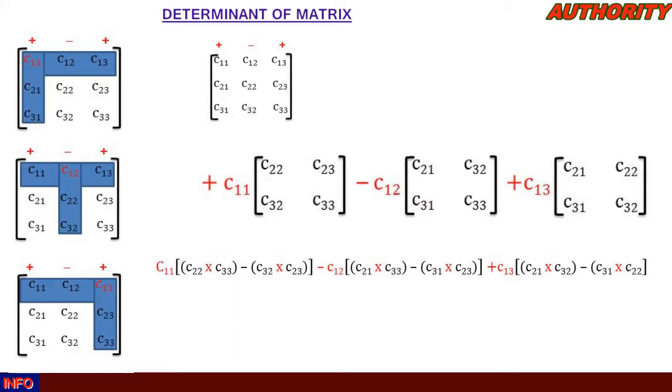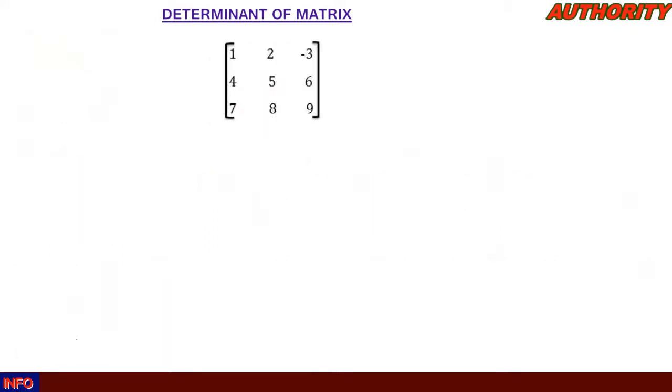Okay, that means we have an example. We used the rule of Sarrus and it gave us an answer of 18. Now let's use the first principle to solve this to see if it is going to give us the same answer. Okay, now let's go. We have the matrix A: 1, 2, minus 3, 4, 5, 6, 7, 8, 9.